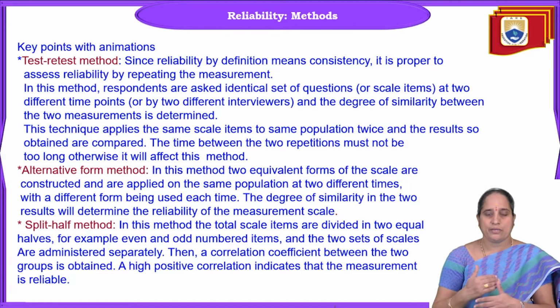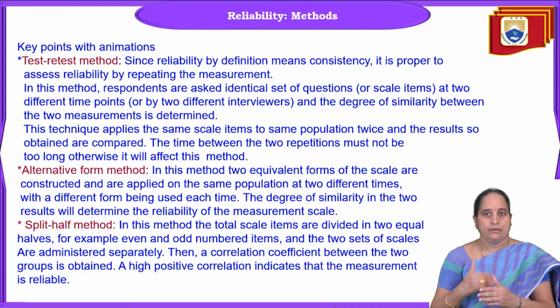So you conduct the same type of survey by 2 different interviewers or at two different locations, and you need to focus on the same sample taken under the study, the same respondents.